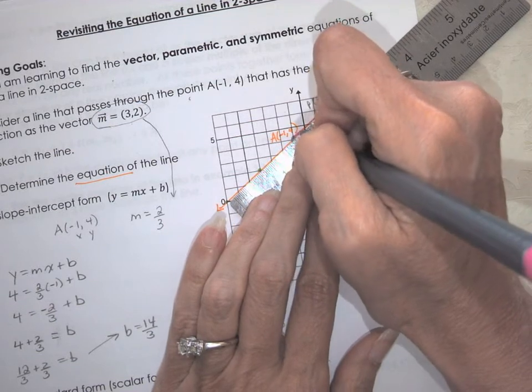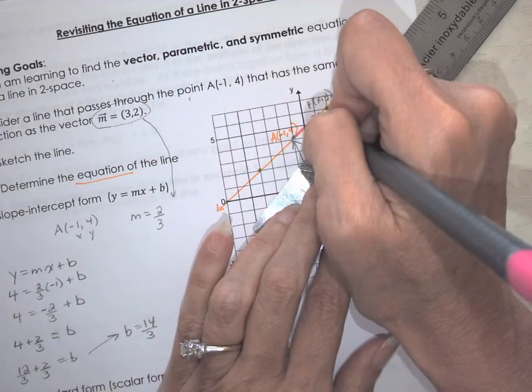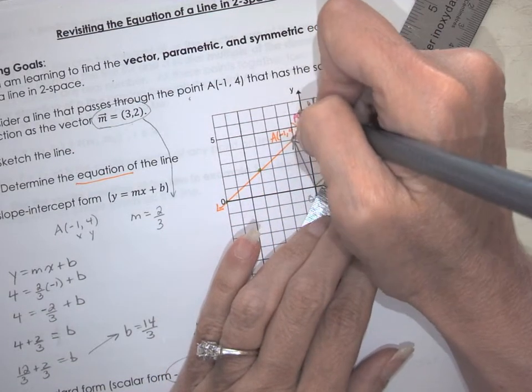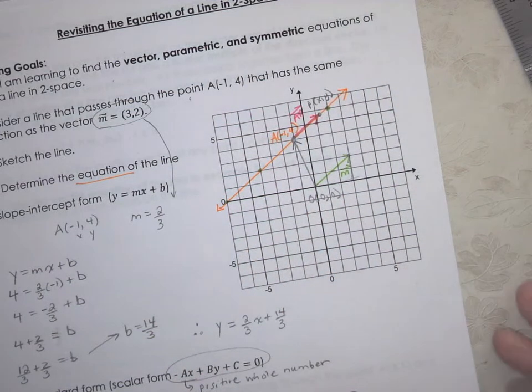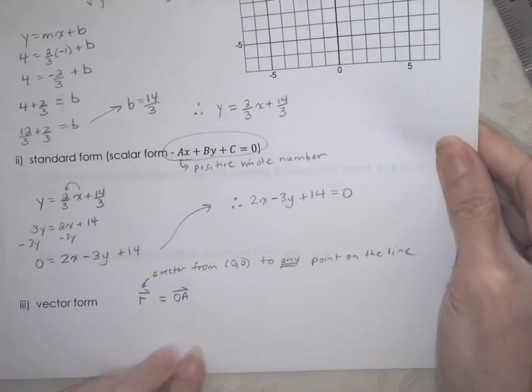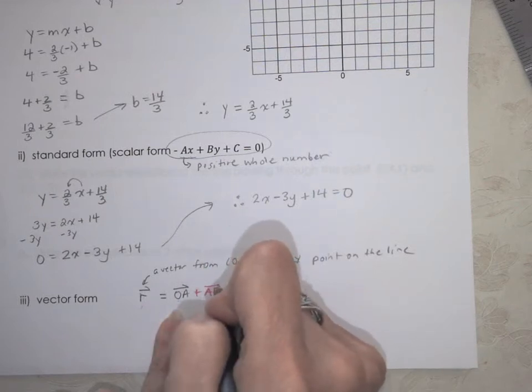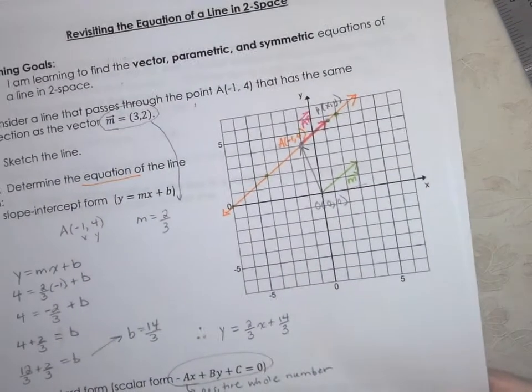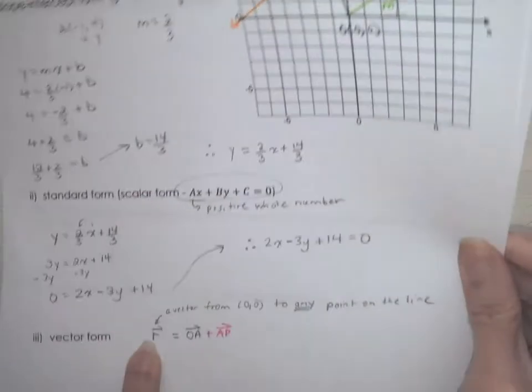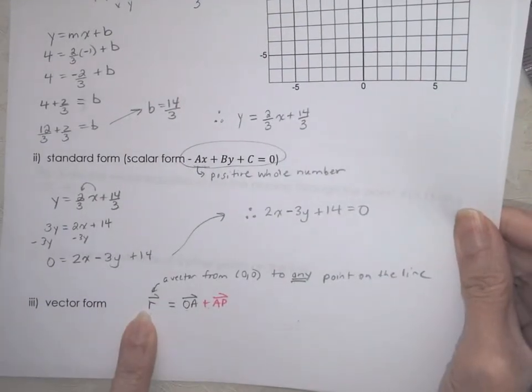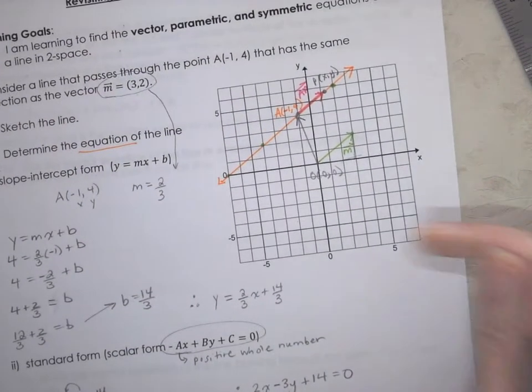Okay. And if I add them tip to tail, so here's OA plus AP. So this pink vector here is vector AP. Okay, so vector OA plus vector AP, then the resultant of that is going to be R, which is our vector from 0, 0 to any point P(x, y) on the line.